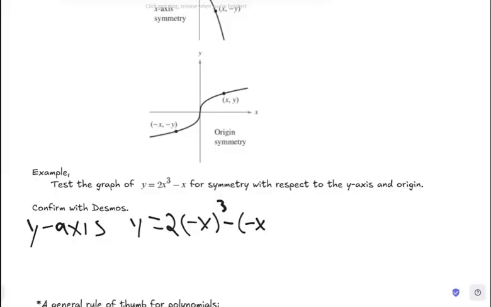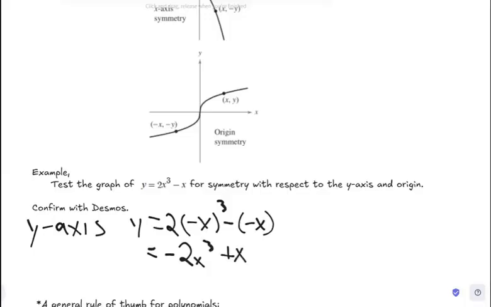So the first thing we're going to do for an example here is test the symmetry of the graph of y equals 2x cubed minus x. Now the first thing we can do is test it for the y-axis, and in this case we're going to have the original equation, but we're going to replace x with -x, so this would be 2 times (-x) cubed minus (-x), and that's going to simplify to -2x cubed plus x.